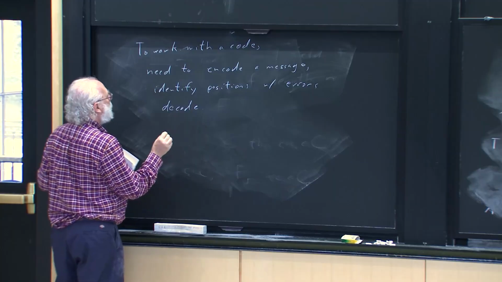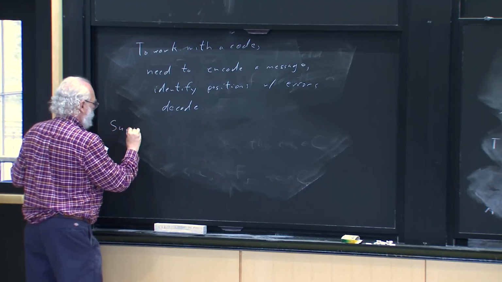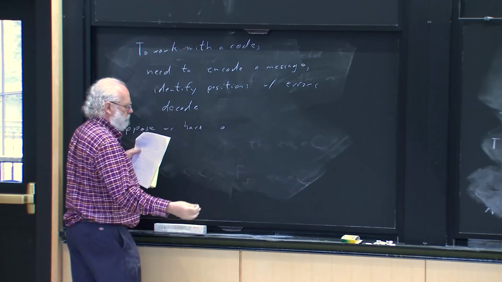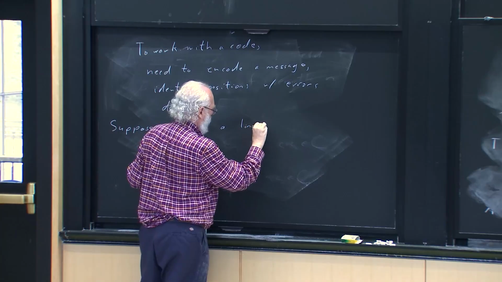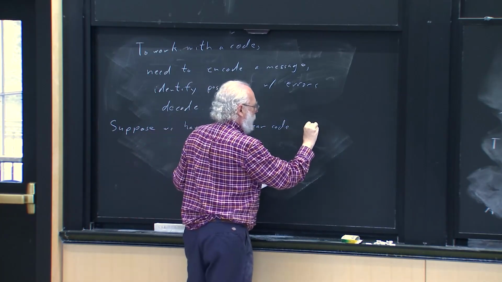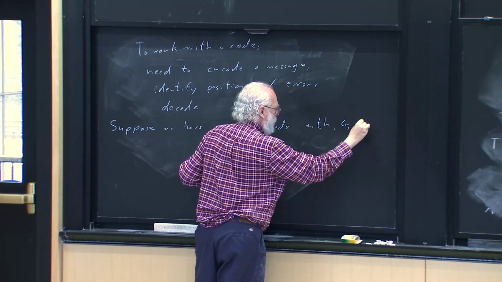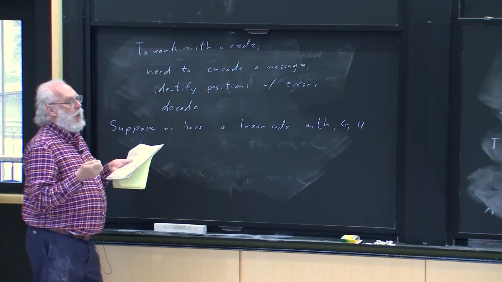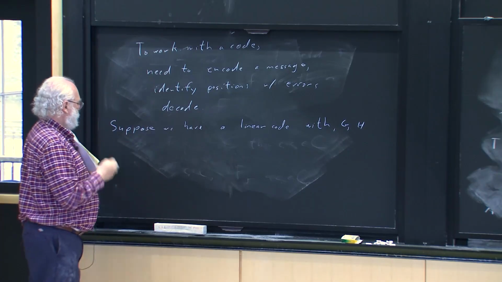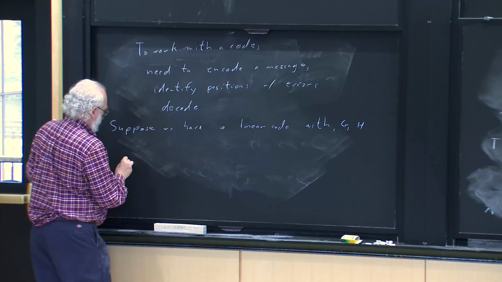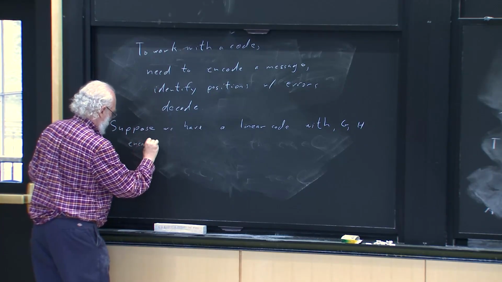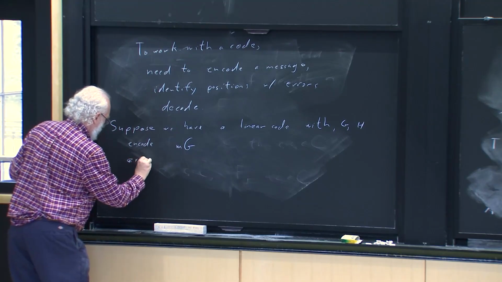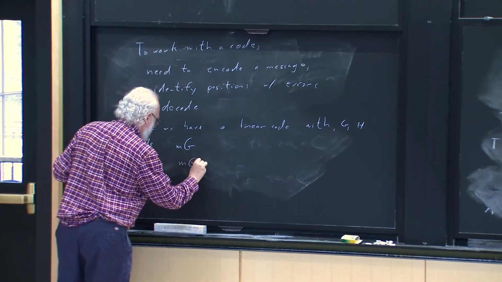And now, suppose we have a linear code with G and H the generator matrix and the parity check matrix. We encode the message, we get mG. Error, we have mG plus e.